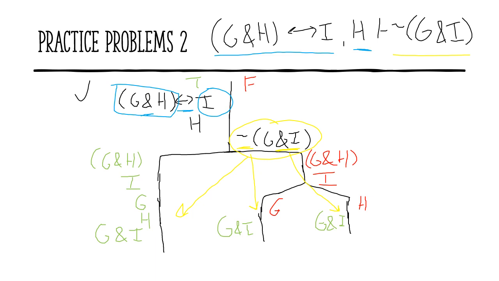Well, yes, we need to break down this G and I. And the question is, what makes a conjunction true? Well, it's wherever both of them are true. So we'll just list them both underneath, like so. And now we're done.